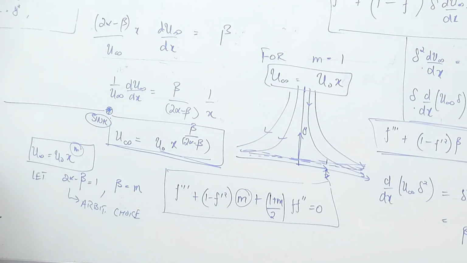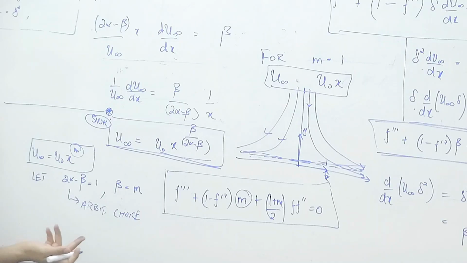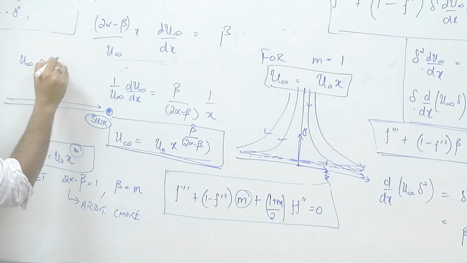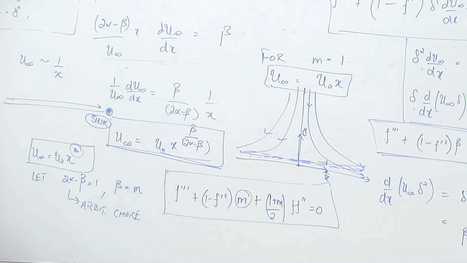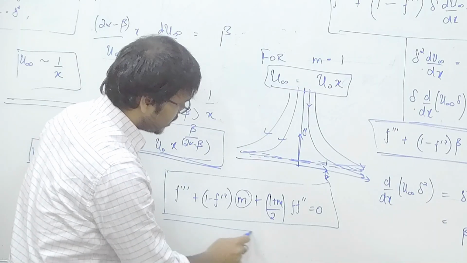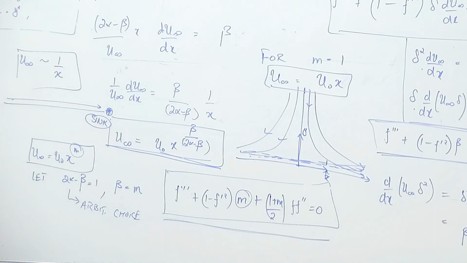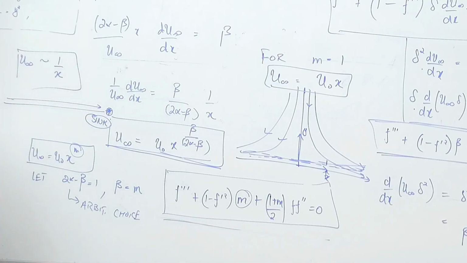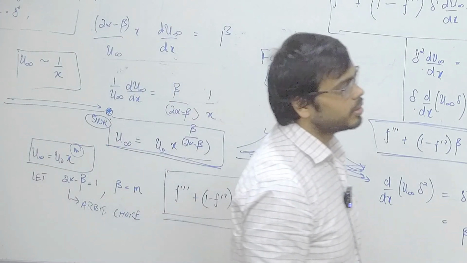Sinks and sources are very straightforward, you can find the ideal flow solution, and in that case you will see that this u infinity will vary as 1 over x. That is one of the particular cases where actually an analytical solution of this equation is possible, and you can look at that in the textbook.